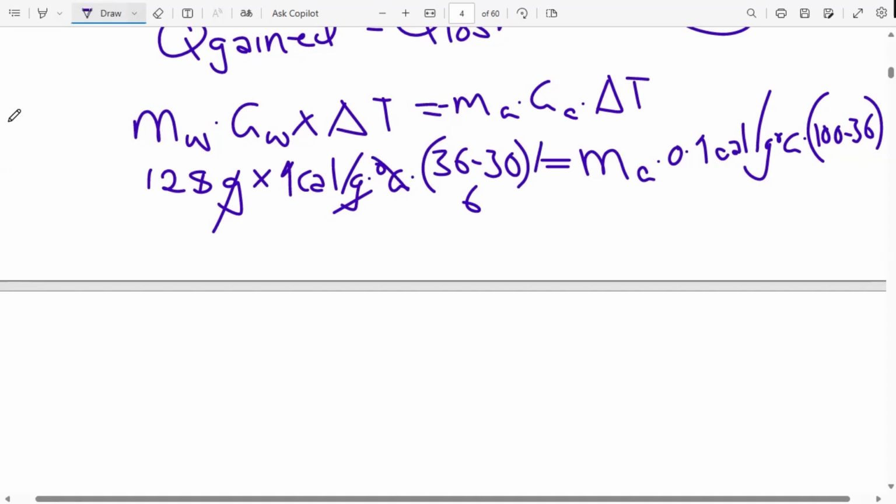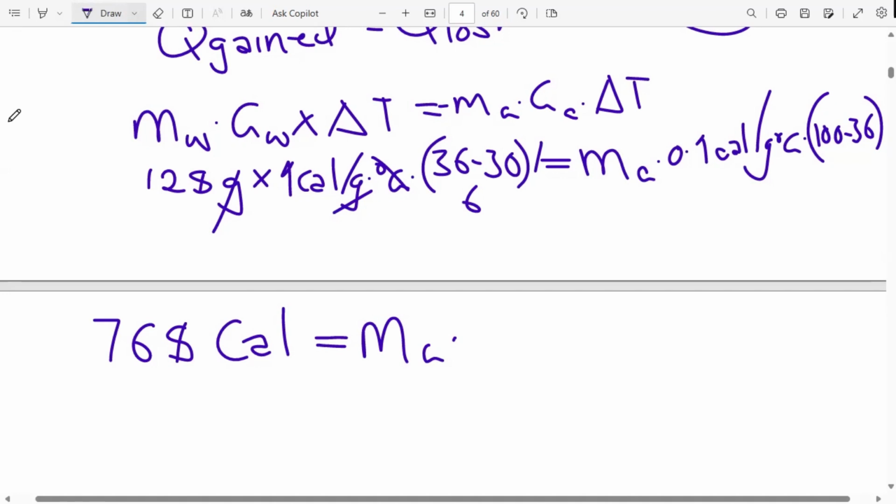So I'm going to remain with what? I'm going to remain with 128 multiplied by 1 calorie multiplied by 6, which is the temperature difference, which is going to give me 768 calories, being equal to the mass of the copper multiplied by the temperature difference, which is 100 minus 36.